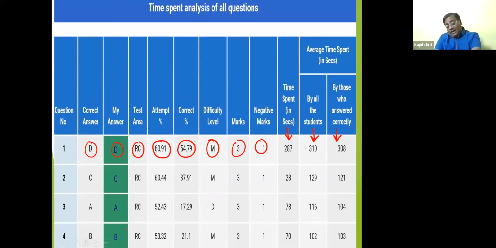So you get a detailed analysis of the time spent by you, by other students, and by all those students who got it correct. You can see that in a particular question, I overspent some time and even after that I got it wrong. That means my track is not right. In this case, the track is right because this guy is doing good in terms of time spent.